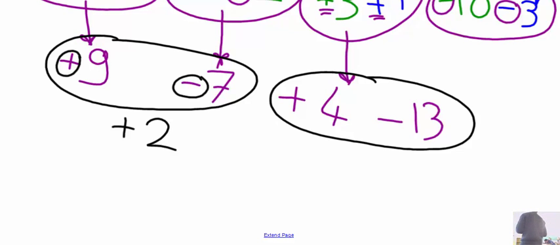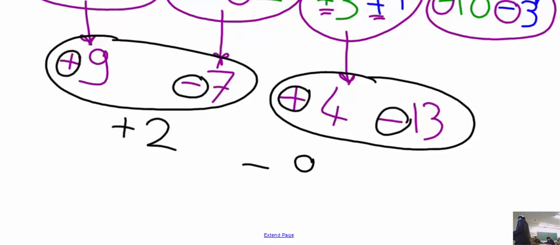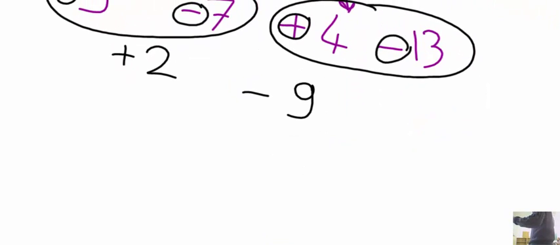And let's look at here. The big number, ignore the signs, the big number is 13 and the sign is negative. You're going to have a negative sign here. And because signs are different, just like this one, they are different signs, you subtract. 13 minus 4 is 9. I am about to finish the question.